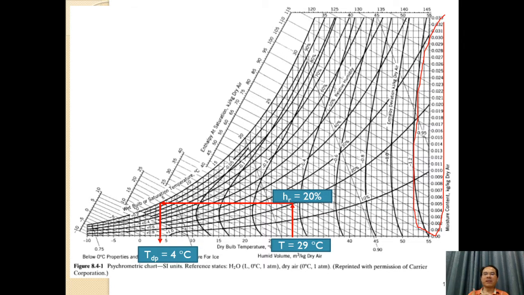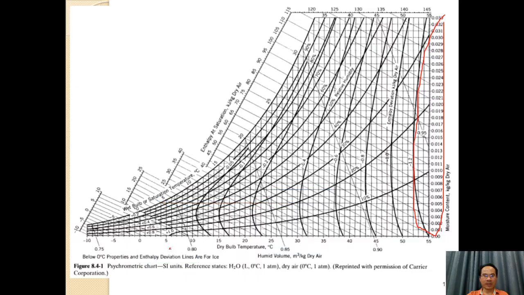Also, at a temperature of 29, the absolute humidity is about 0.005. You drag the line from 0.005 and contact the line for the degrees Celsius, and you get the same point. Then you drag horizontally to the saturation line and vertically to the dry bulb temperature, and you get the dew point temperature.